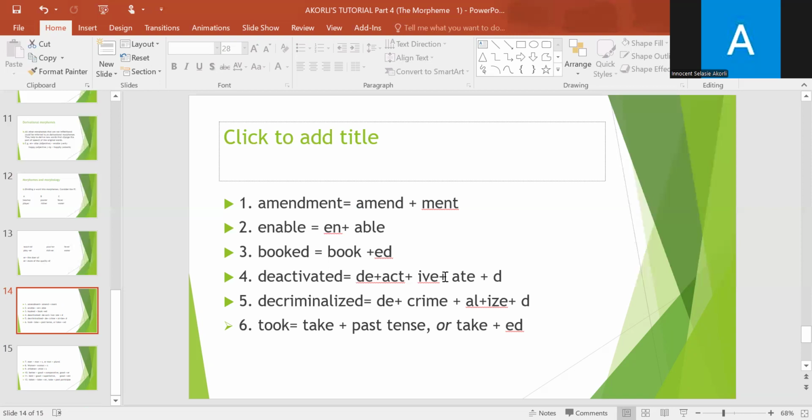So you're going to get crime plus AL plus ize. So this is how it's supposed to be. Took should be take plus past tense or take plus ED.